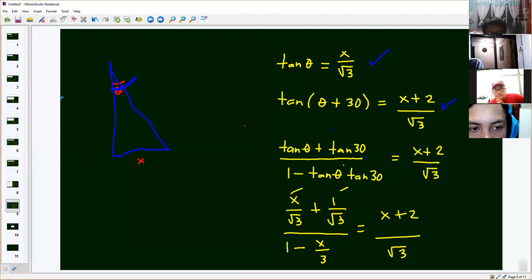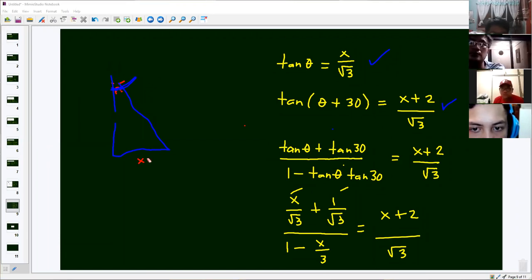We don't need the figure anymore. Now let's do this. Cross multiply, guys. You see that? Naka-ayos na yan, no?